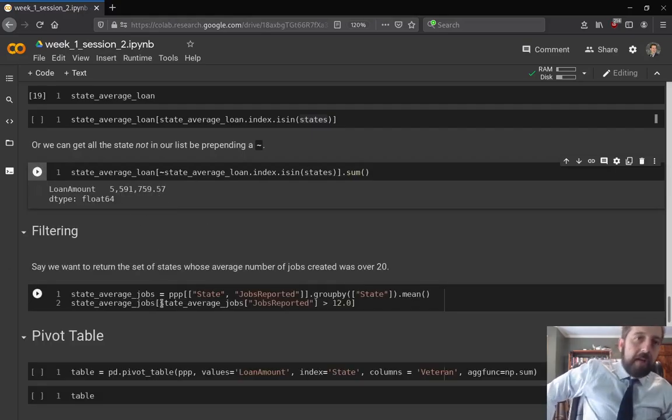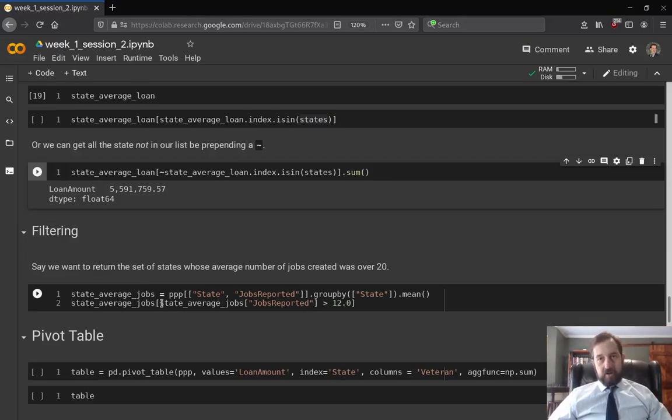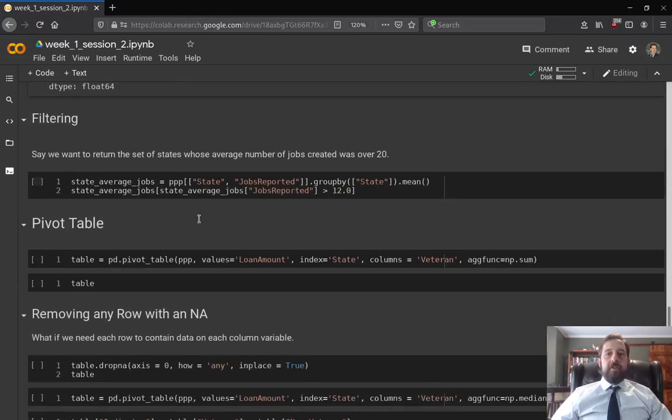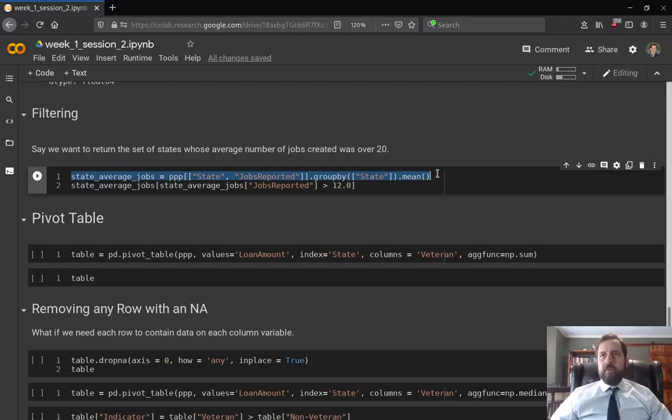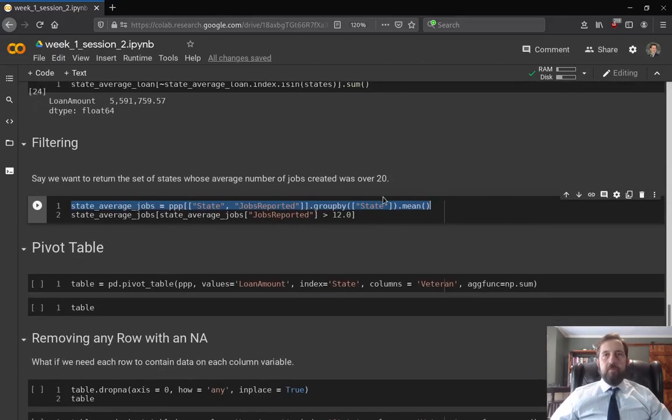It's also very common to use a Boolean to filter. So what we could do is say, return any state where the number of jobs reported is greater than 12, the average. We've actually calculated this above, so we really don't need to recalculate it, but we're just recalculating it here.